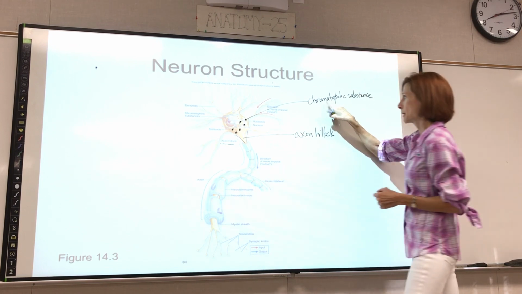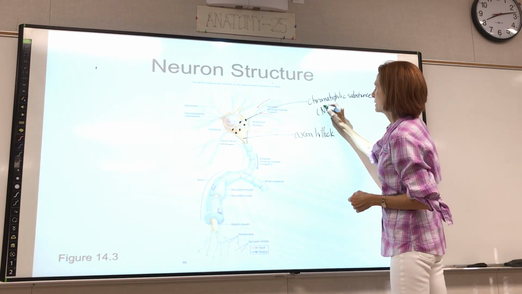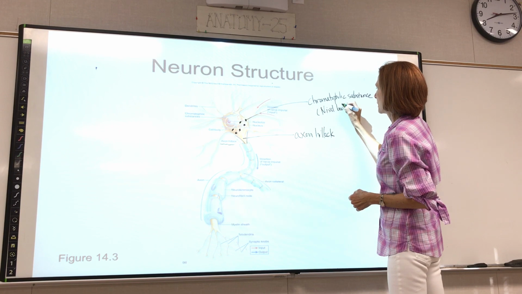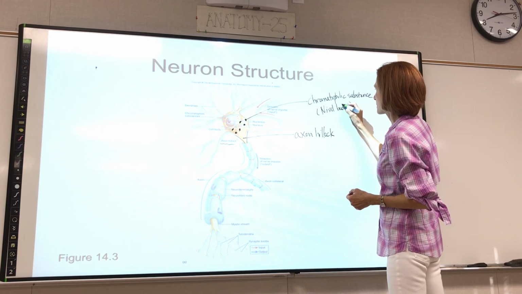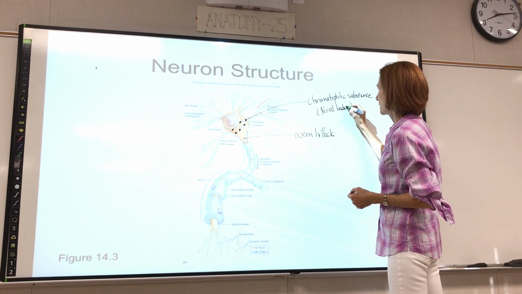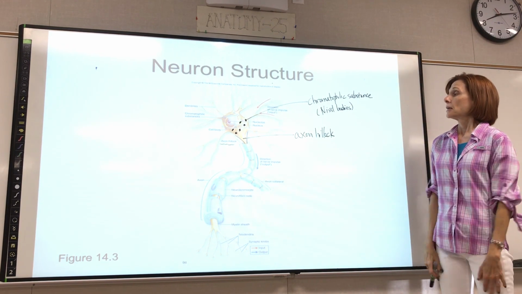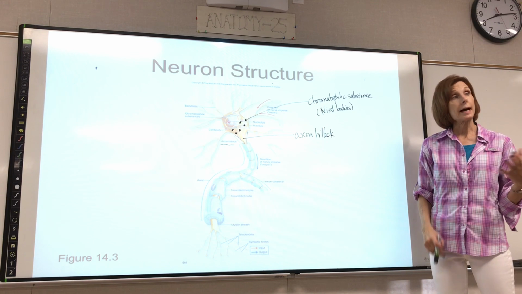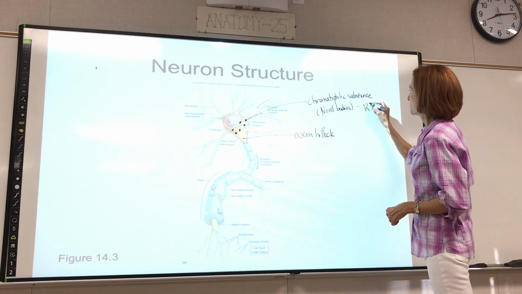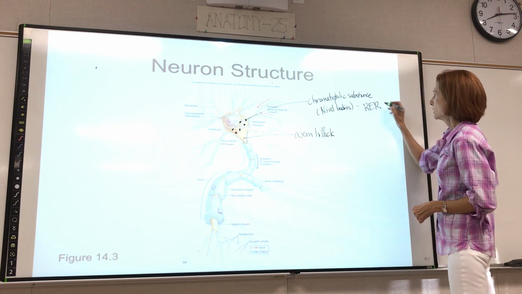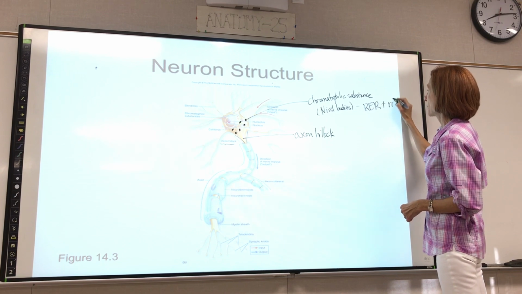That's where that name comes from. Or you can say Nissl bodies or Nissl substance, which I think is easier. These are named after someone who studied neurons. And what this is actually rough endoplasmic reticulum and free-floating ribosomes.